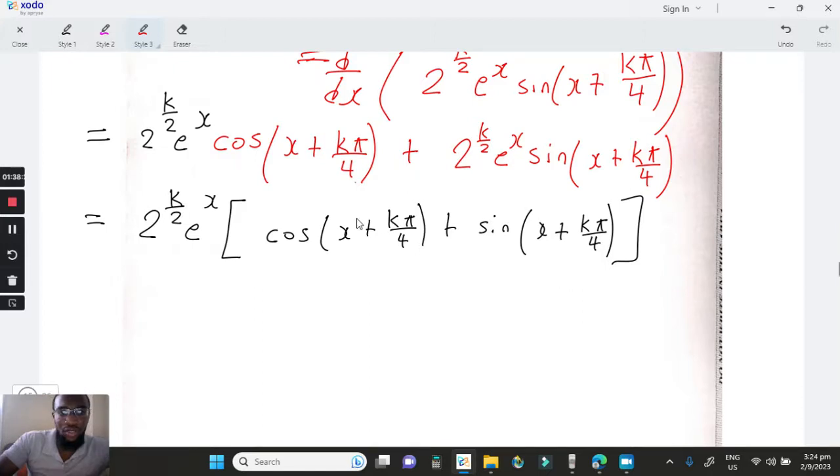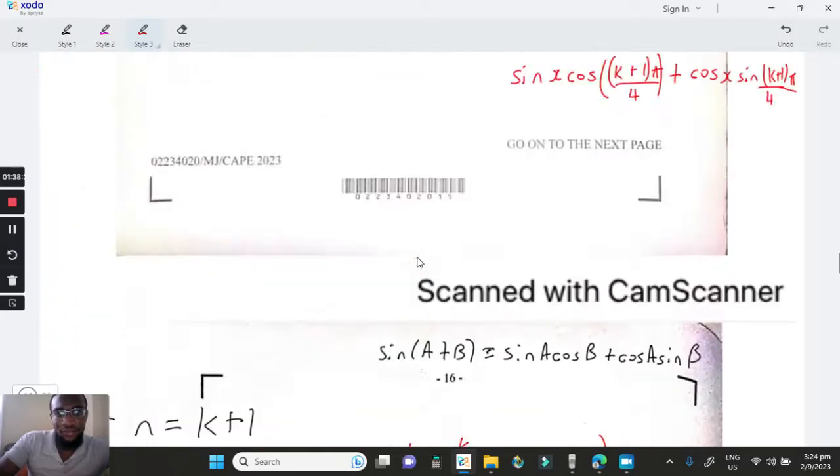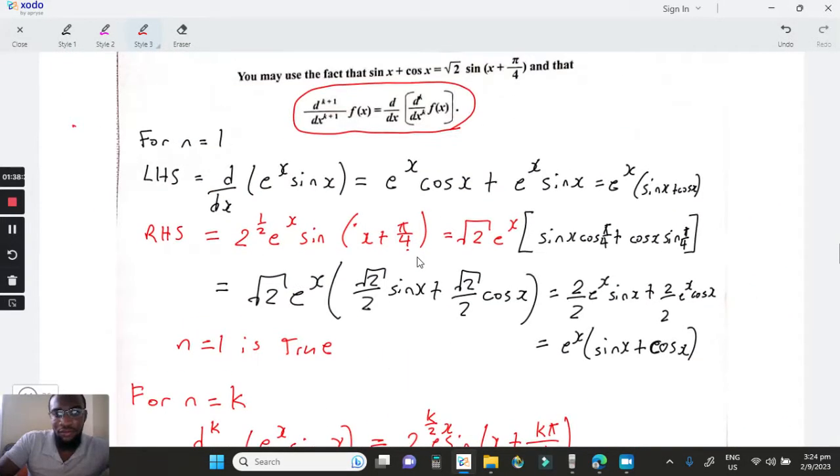Right? So we have right here, as you can see, cos x plus pi over 4, sine x plus pi over 4, and it is supposed to be what?